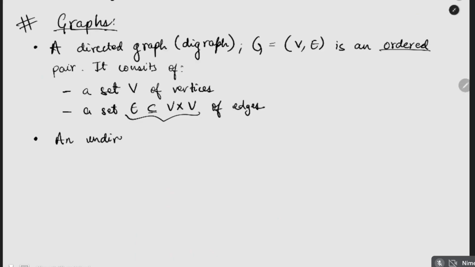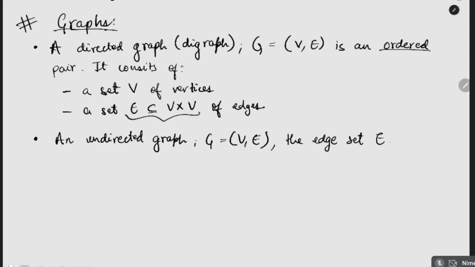And the second type of graph is the undirected graph. So it is also a set of vertices and edges, because that's what a graph is, just a set of vertices and edges where the edges are defined over the set of vertices. The edge set E consists of unordered pairs of vertices.